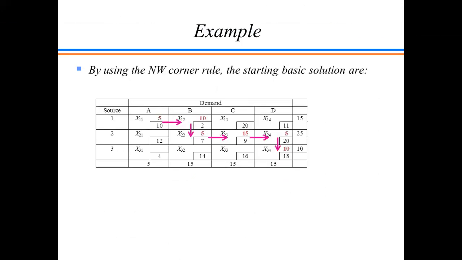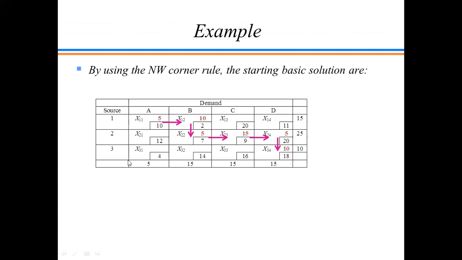Okay, so let's take a look at this example here. If you take a look at the answer, of course, this initial solution is found using the northwest corner rule because it starts from x11 and then stops at x34.